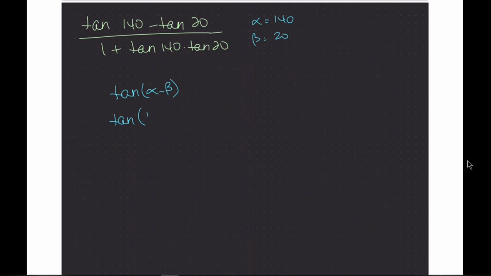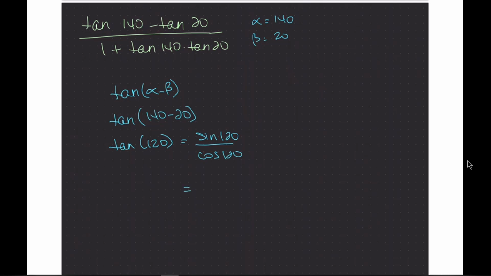Tan of alpha is 140 minus beta 20. So I'm looking for the tangent of 120 degrees. I know that tangent is sine over cosine. So this is going to be the sine of 120 over the cosine of 120.